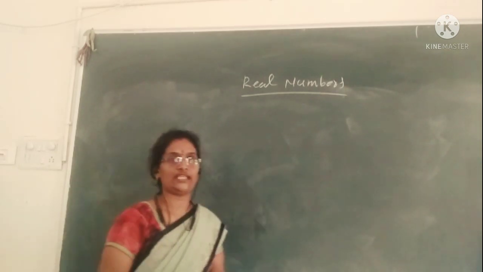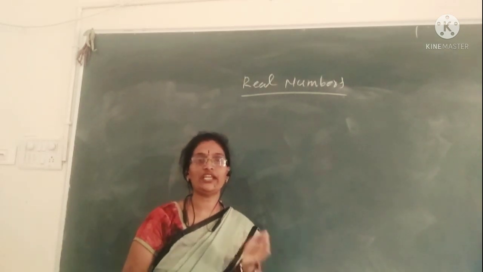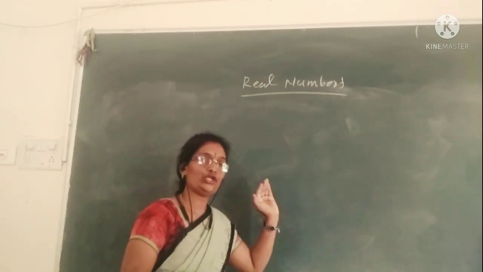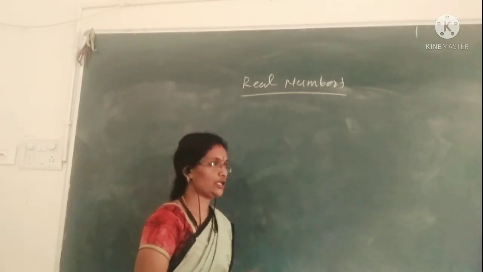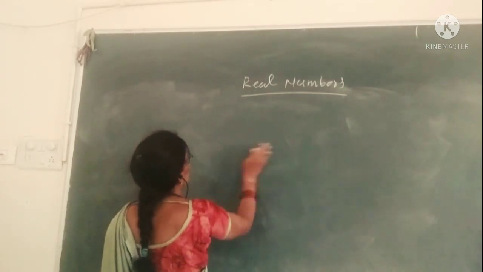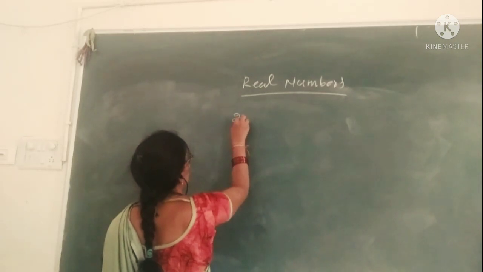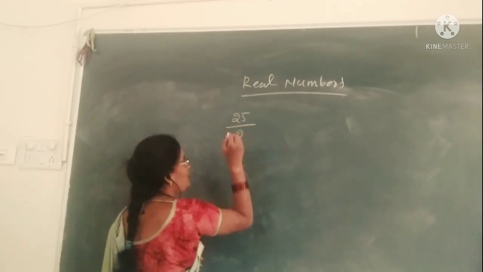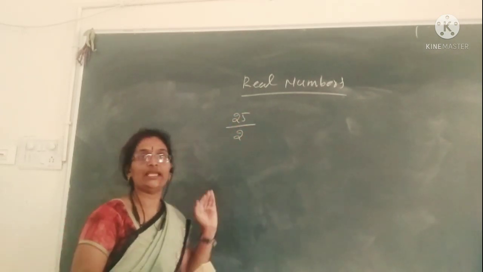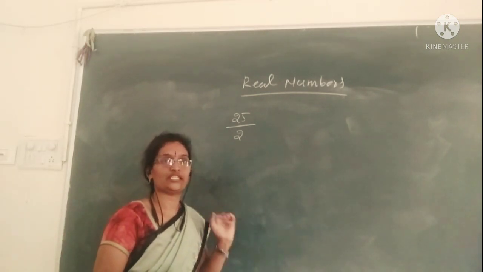How to express rational numbers in decimal form? We can use the theorem or the division method. First of all, let's take one example, 25 by 2. We can easily identify that it is a terminating decimal. How?